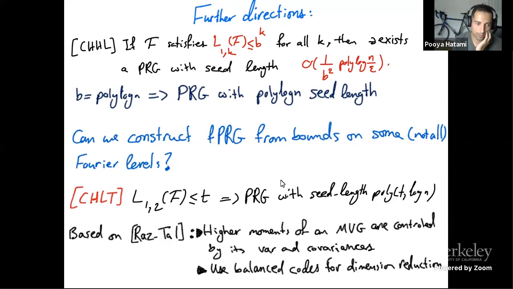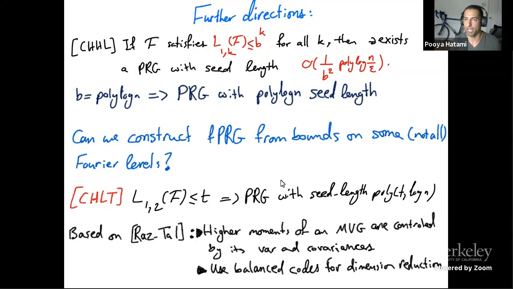The idea here is that we build on the work of Ran Raz and Avishai, where they use this random walk idea to give a separation between BQP and PH. The general idea is that the higher moments of a multivariate Gaussian are controlled by its variances and covariances. You can construct an MVG that has these nice covariances and variances using very few truly independent samples from a Gaussian.